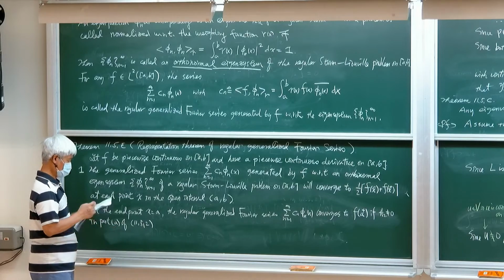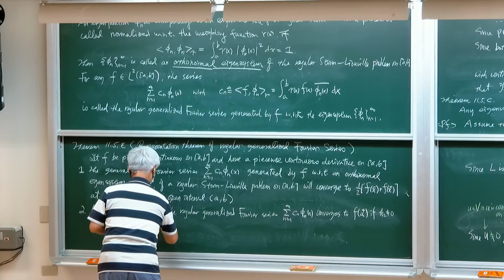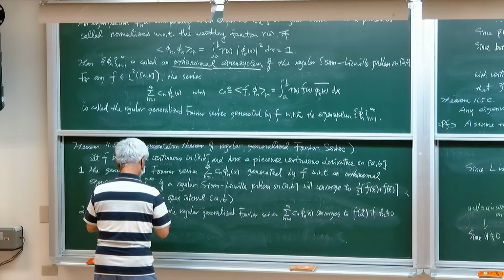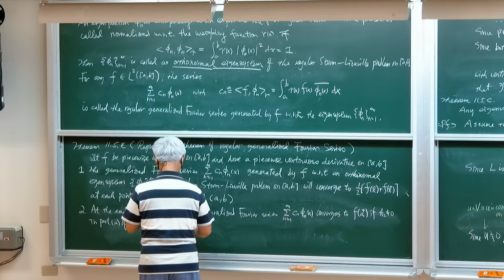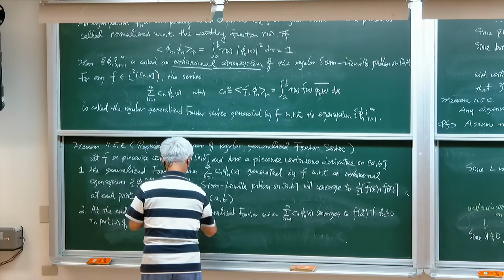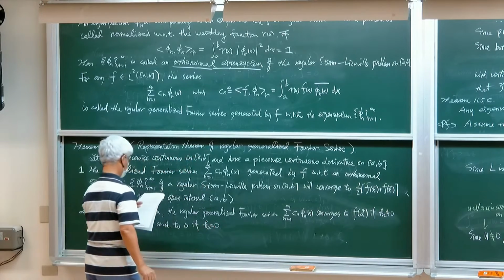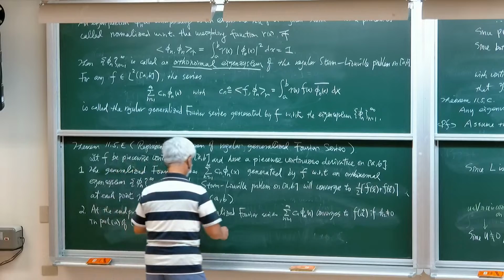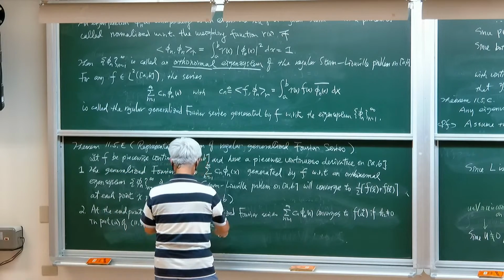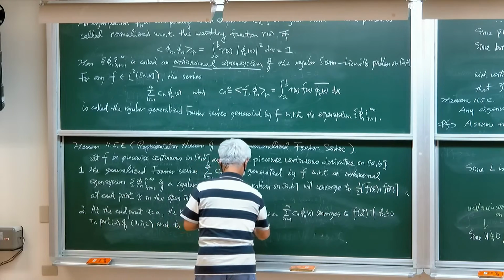And it converges to 0 if k2 is 0. So when k2 is 0, we know that phi n of a must be 0 for all n.